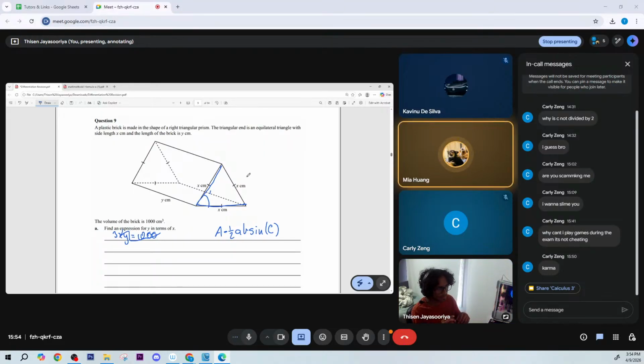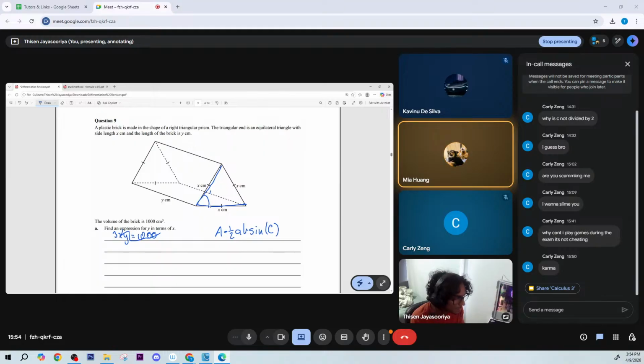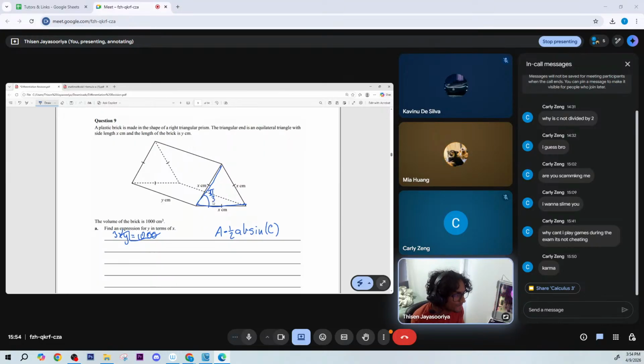It's an equilateral, so it has an angle of pi over 3. Yeah? So we get A equals 1/2 times x times x times sine of pi over 3. Does that make sense?